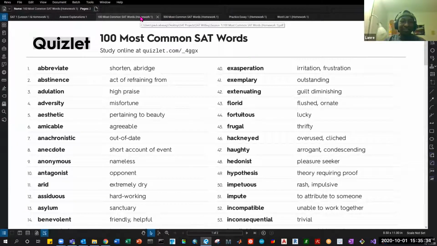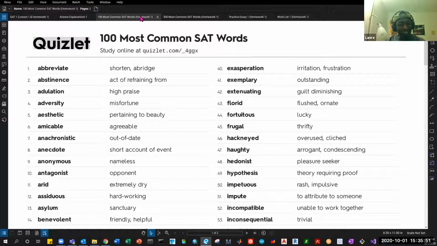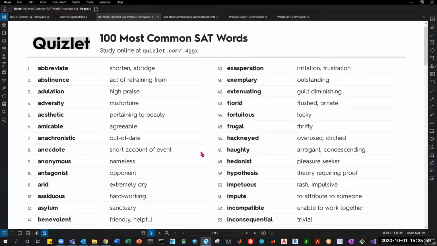I think Aaron is saying that memorizing or trying to learn, going through these vocab words, used to happen in the old SAT. Yeah, I know. But what I do now is, some of these words might show up in the writing and the reading.